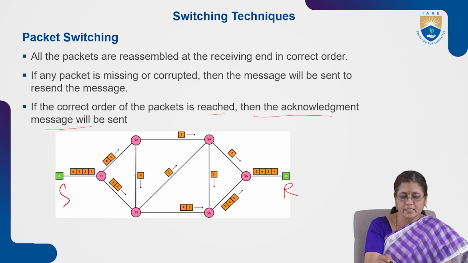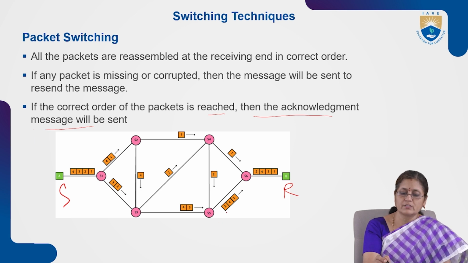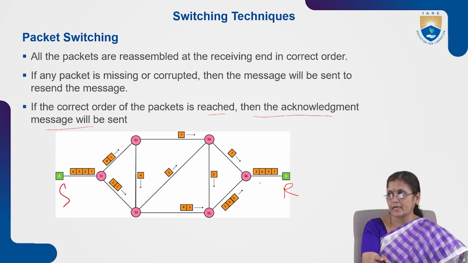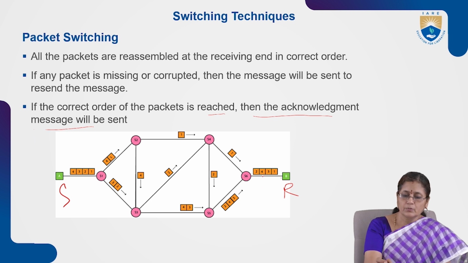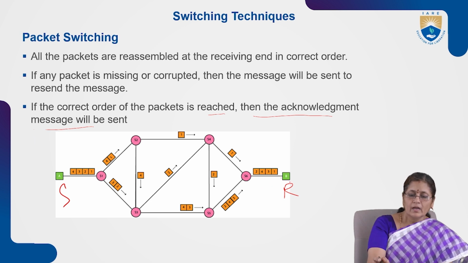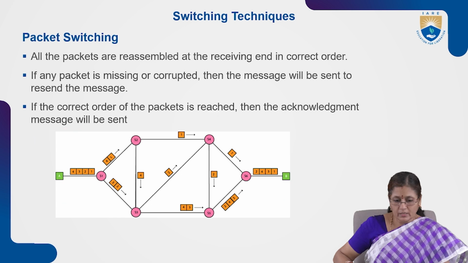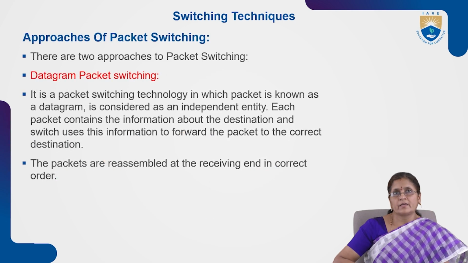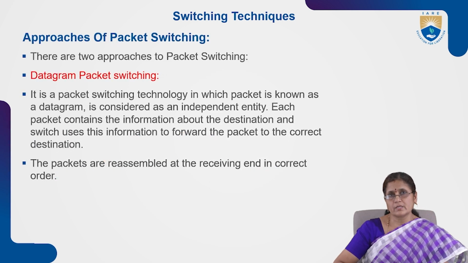Then from S3 to S5, 4 and 3 are sent. From S5 to S6, 2, 4, 3 are sent combined, and at the receiver we receive the packets 2, 4, 3, 1. After receiving these, according to the sequence number given, they are arranged.